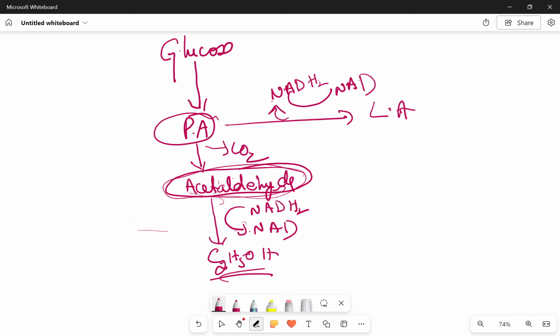Remember, in aerobic respiration, oxygen is the final electron acceptor. In anaerobic respiration like alcoholic fermentation, acetaldehyde is the final electron acceptor. And in lactic acid fermentation, pyruvic acid is the final electron acceptor. So this is about our electron transport system.